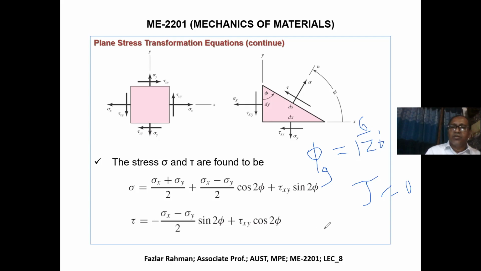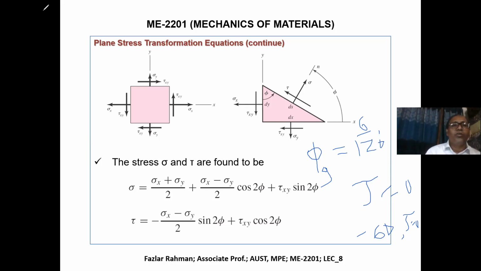Similarly, for the same angle, you might get sigma equal to negative or minimum value, say minimum 60, and also tau equal to 0. So for a plane where the sigma value comes out maximum and minimum, but the tau value is equal to 0, that plane is called the principal plane.